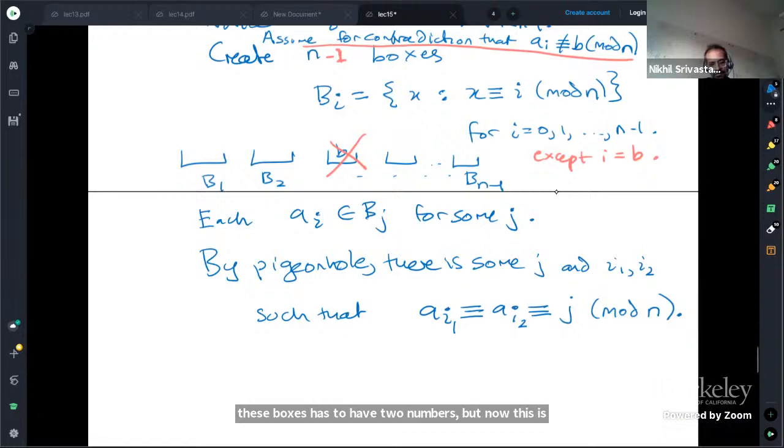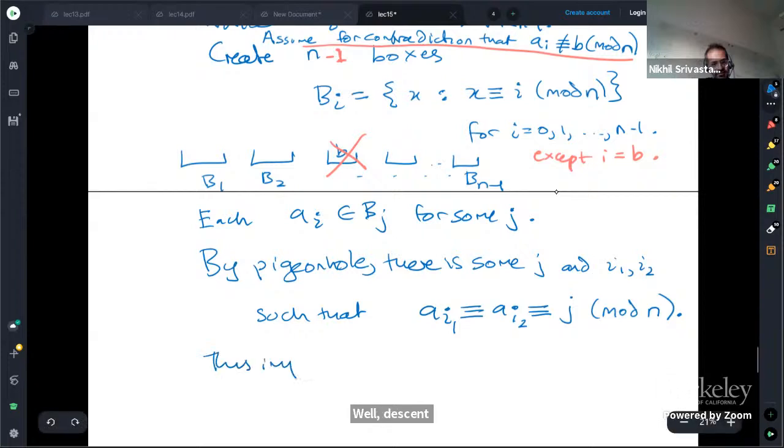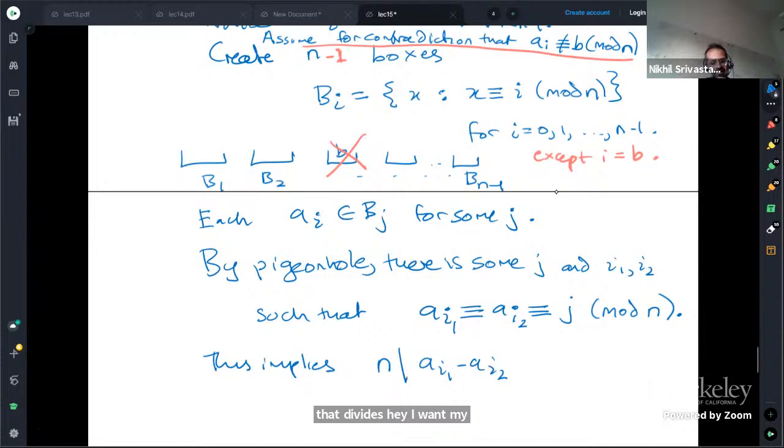So why is this a contradiction? Well, this implies that n divides a_{i1} minus a_{i2}. And this is impossible if I choose a_{i1} to be, let's say, bigger than a_{i2}, because this difference is less than n.